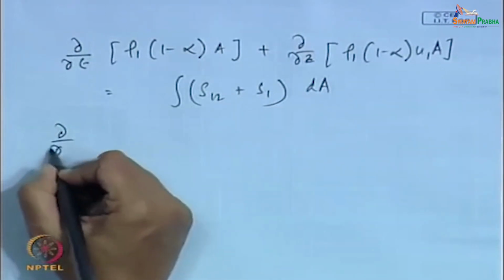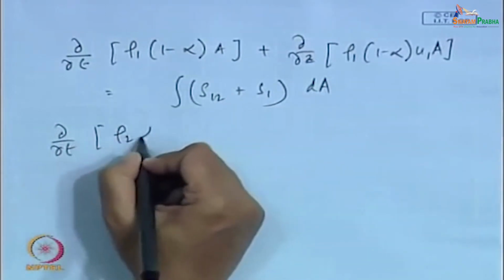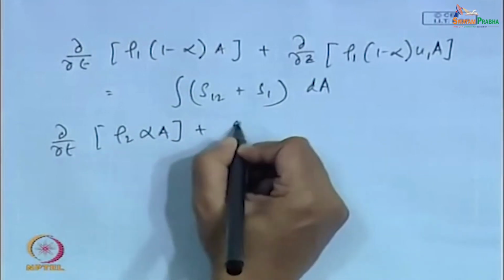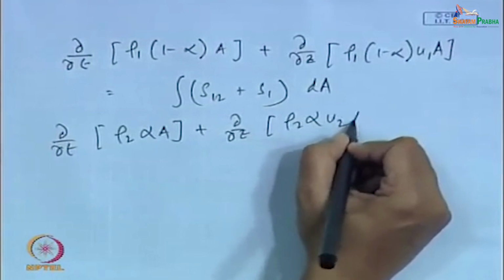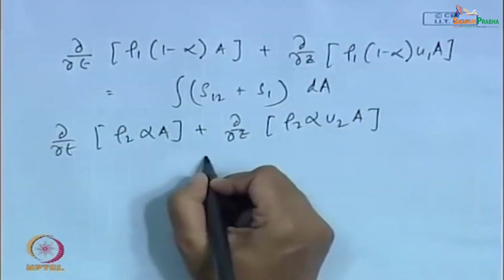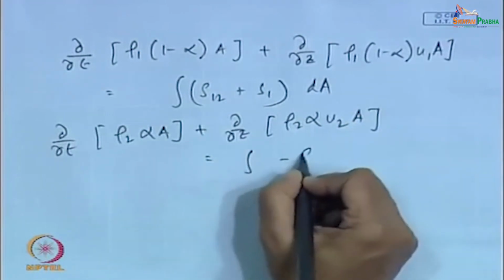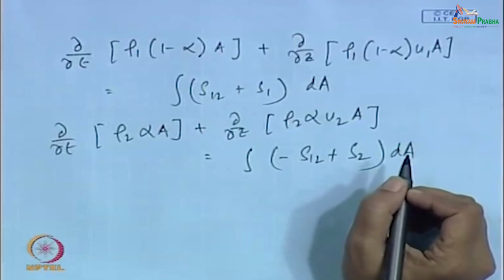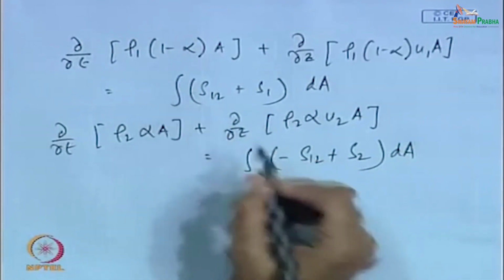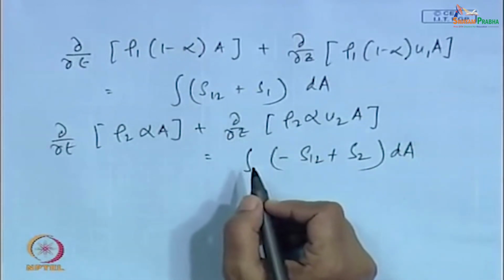Similarly we can write del del t of rho 2 alpha A plus del del z of rho 2 alpha u 2 A. This will be equal to integral of minus S12 plus S2 into dA. Okay. Now, in the integrated form, this is the case.